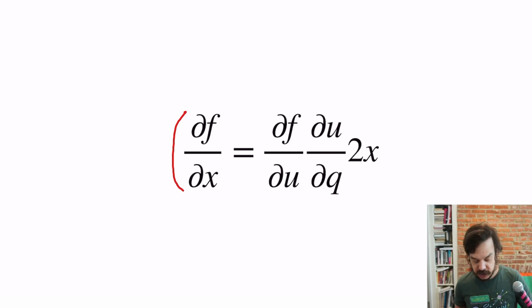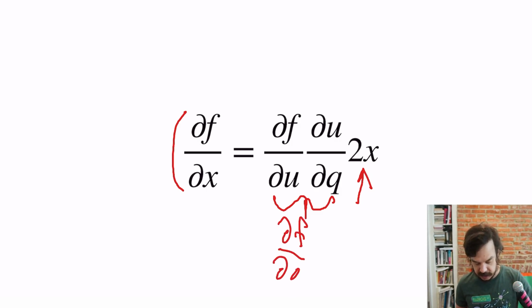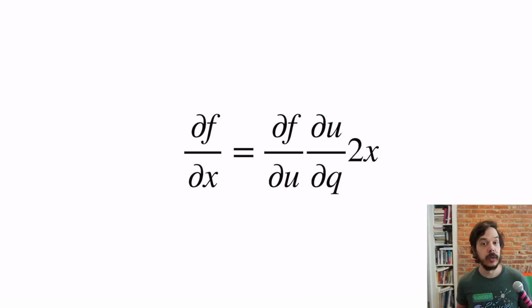And now we substitute in our 2x here, as well as we substitute in our derivative of f with respect to q. So this is just df dq. So hopefully you can see and extrapolate how we can compute the final derivative of this whole thing that we're interested in, this df dx, in terms of all known quantities.